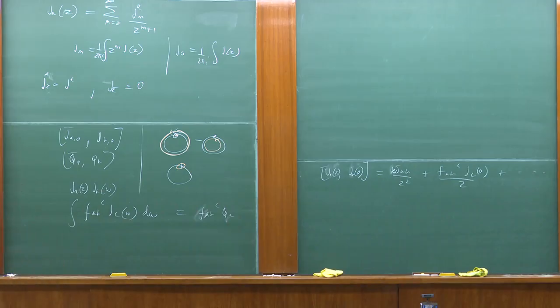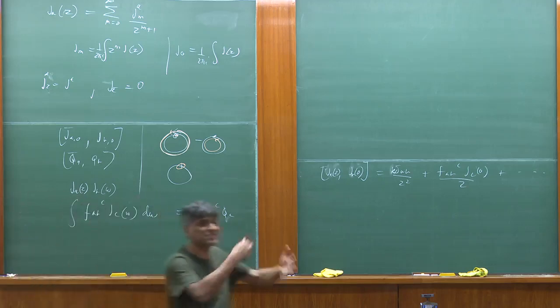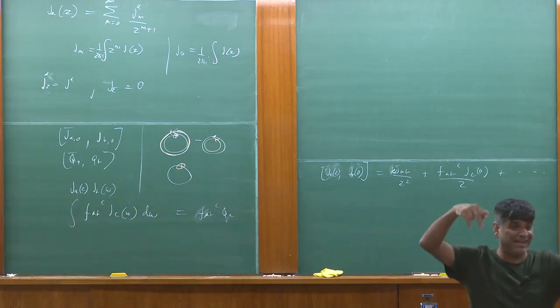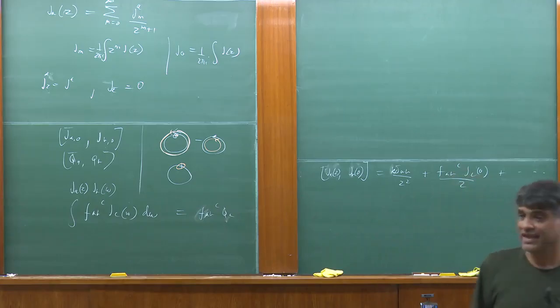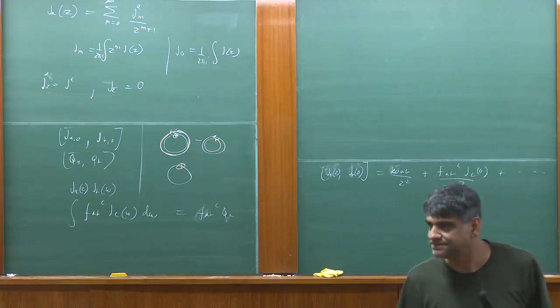So we've got this Lie algebra, but now we've got a larger symmetry, a larger algebra, an infinite dimensional algebra involving all the J^a_m. Let's compute that immediately.